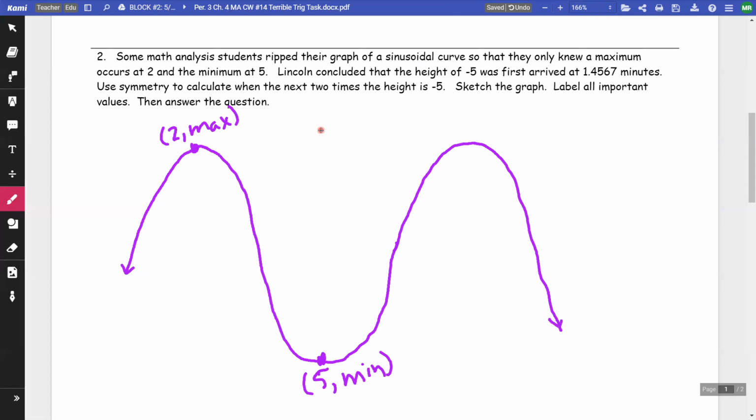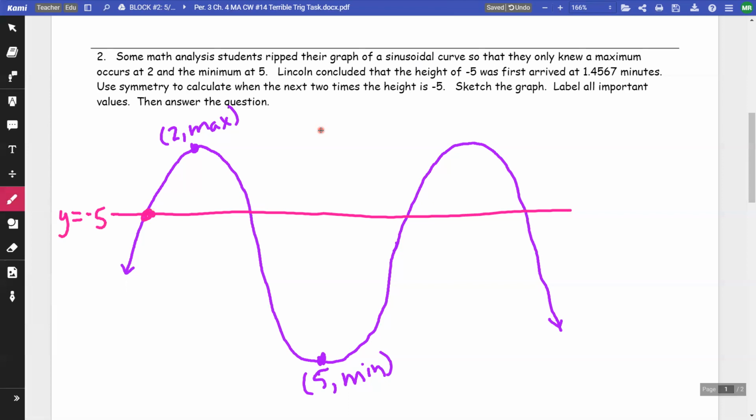So for this, I also know that the height of -5 first arrived at 1.4567 minutes. Okay, so I'm just going to draw in. Let's just say that this is our -5. So this is y equal -5.